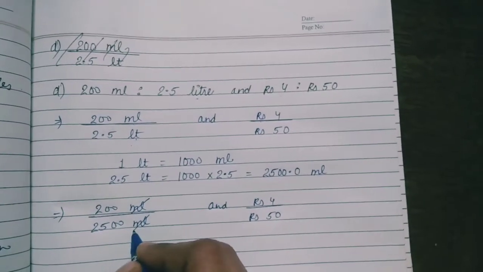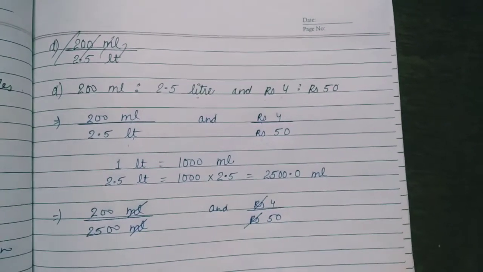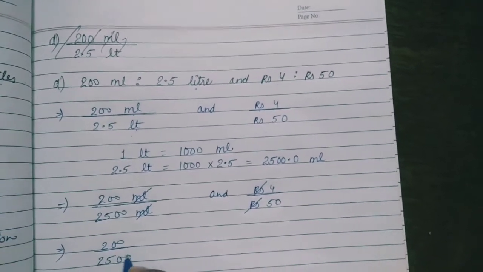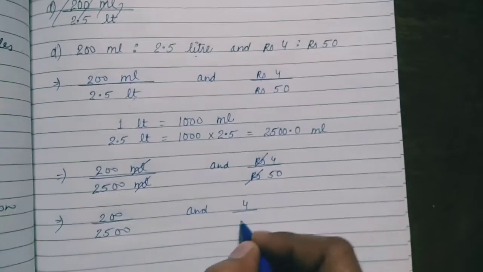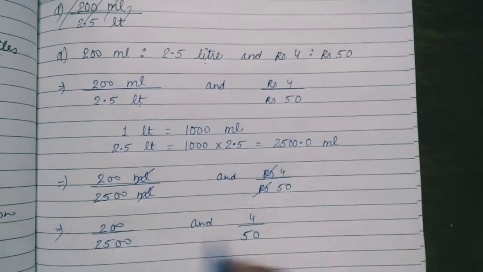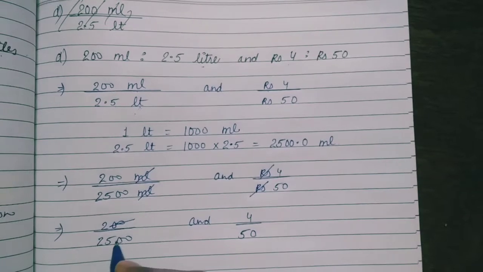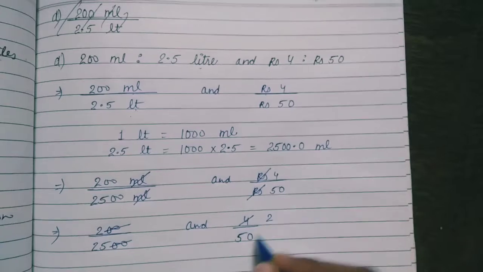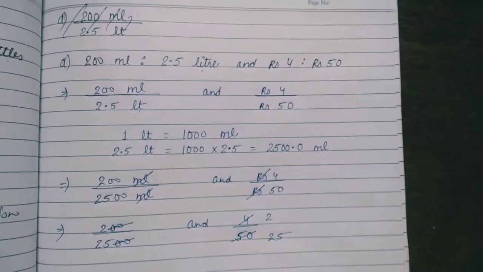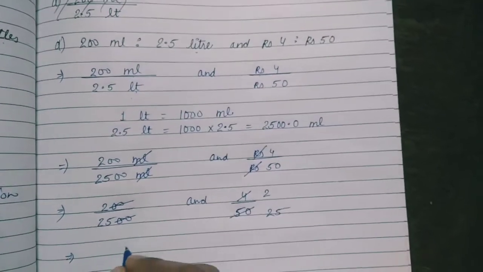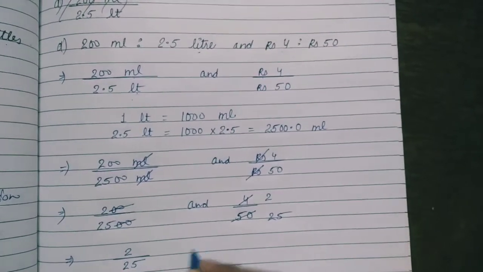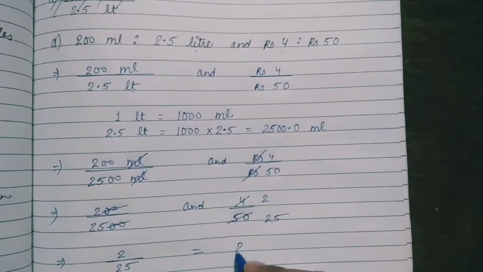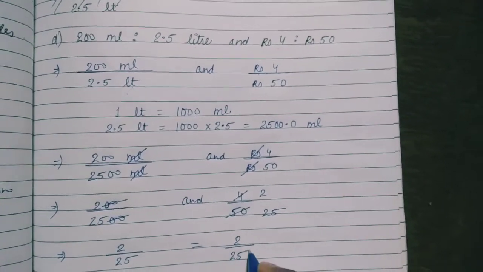Milliliter to milliliter cut, and rupees to rupees cut. So 200 by 2500 and 4 by 50. The ending zeros will cut, and from the table of 2, 4 goes 2 times and 50 goes 25 times. So here we have the simplest form 2 by 25, which is exactly equal to the second ratio's simplest form, which is 2 by 25.